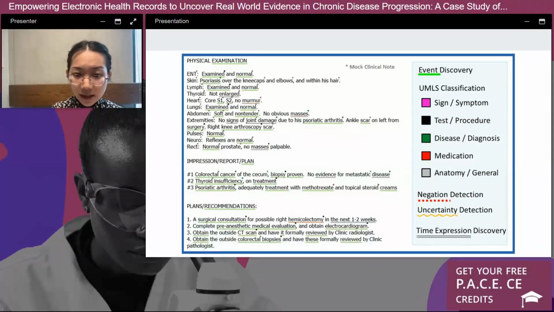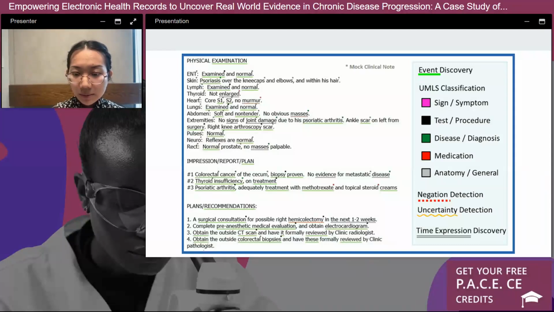For instance, if you take a look here, you will see that the concepts include colorectal cancer and biopsy proven, etc. And some more advanced NLP tools could also identify whether this concept exists in affirmation or in negation, right?